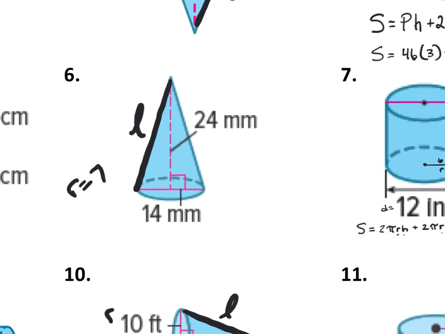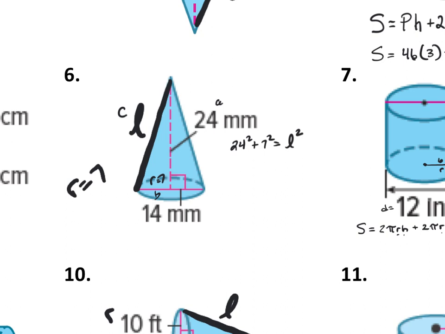So number 6, in order to calculate my slant height, this would be A, R would be 7, which is B, and then this would be C in the Pythagorean theorem. So I would have 24 squared plus 7 squared is equal to my slant height squared.